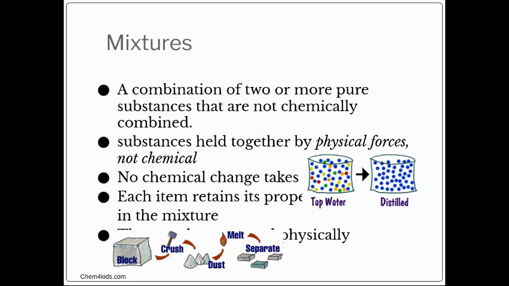For example, you can evaporate out the water from salt if you have salt water. So just keep in mind there's different ways that mixtures can be separated. And when you do that, you're not changing the substance at all. You're just moving them out of the substance, and they still retain their original properties.